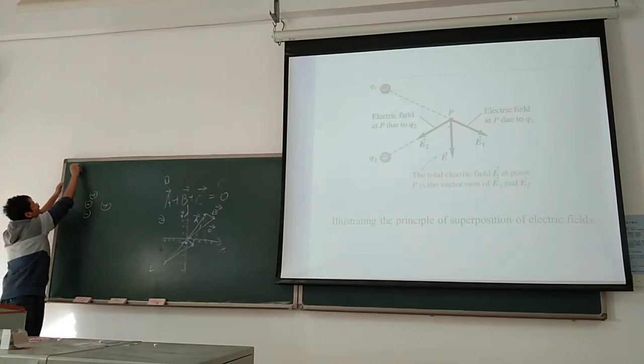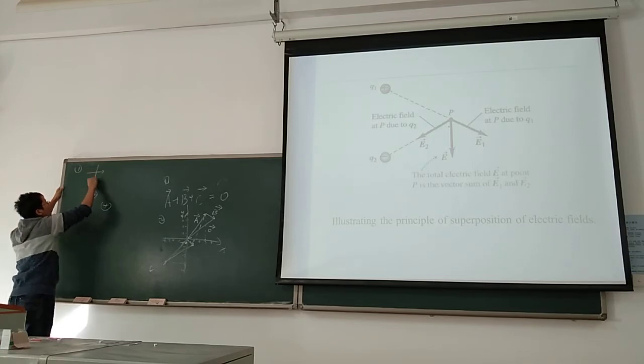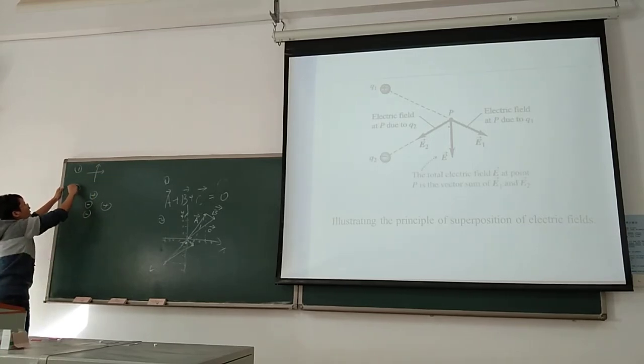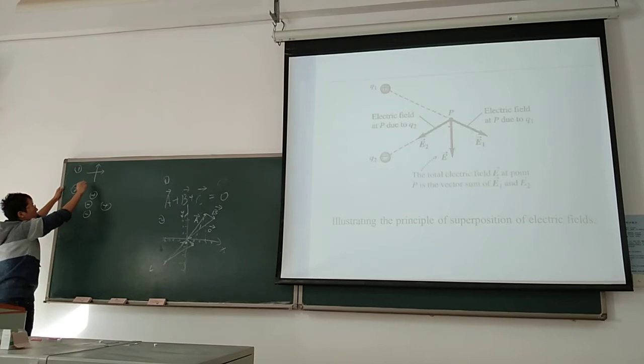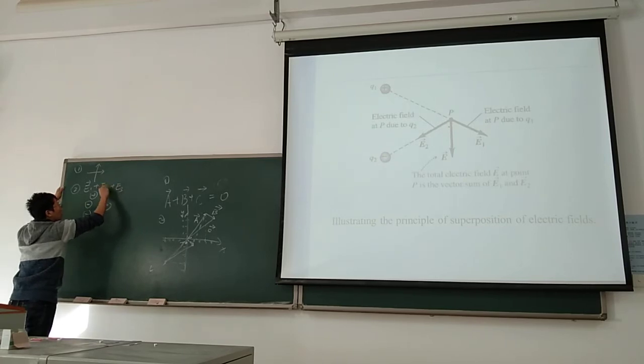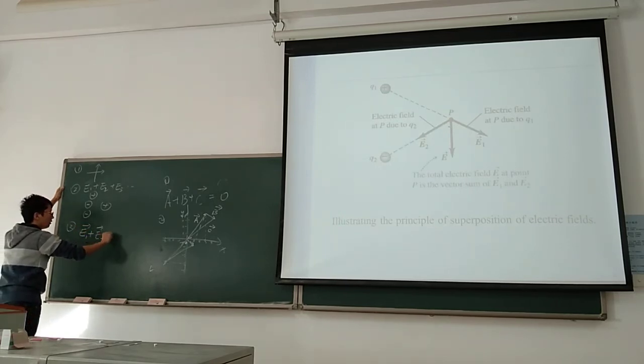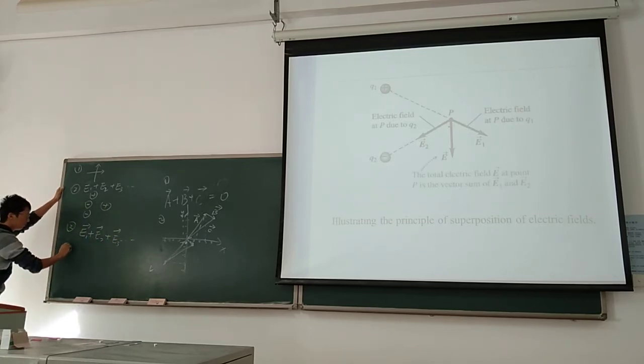Just follow the steps. First, set a coordinate system. Then, do the calculation of the electric field one by one. And finally, take the direction into consideration. Then we get the answer.